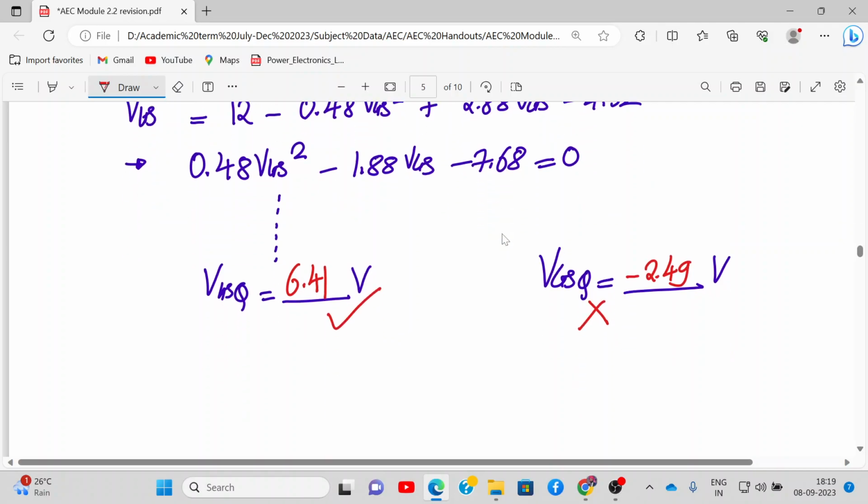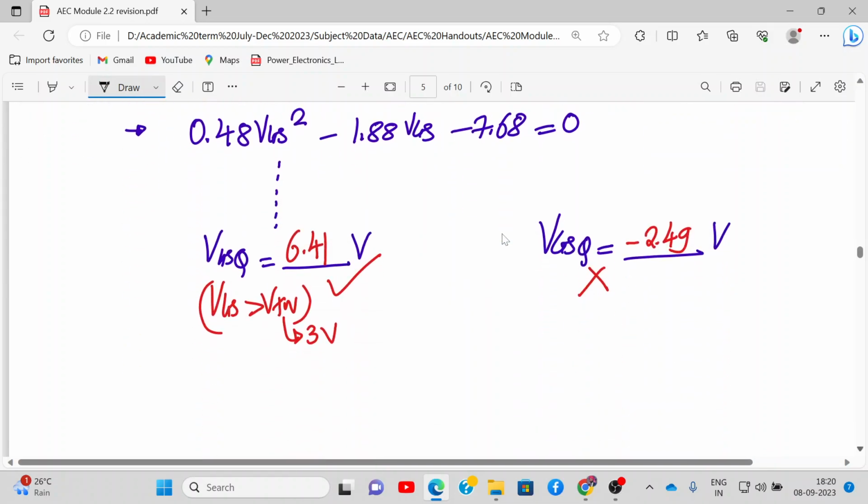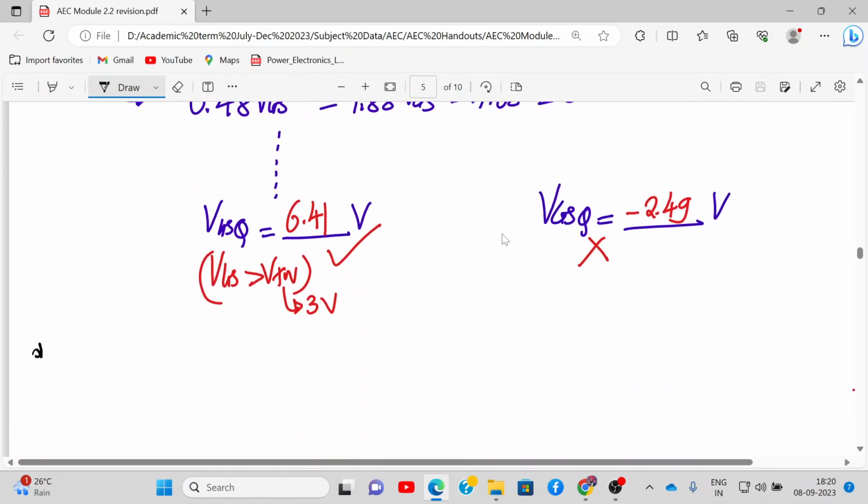Why? Because VGS should be greater than VTN, and VTN is 3 volt. So it cannot be negative. That's why we select that value. Okay. So next we can calculate IDQ.